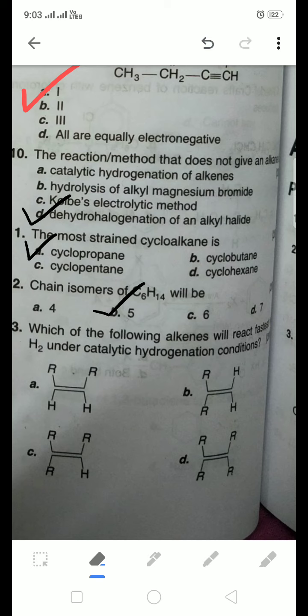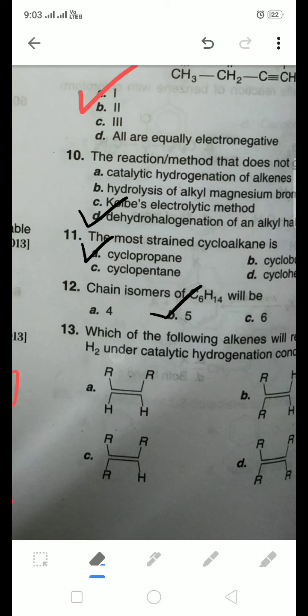So we have to see between A and B which will react faster. Between A and B, A is less hindered, so it will react faster under catalytic hydrogenation conditions. So the answer for 13 is A.